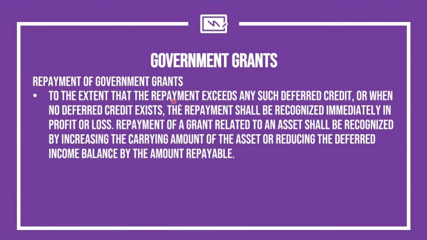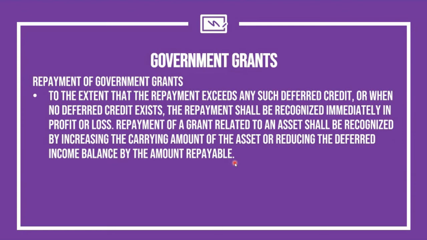To the extent that the repayment exceeds any such deferred credit, or when no deferred credit exists, the repayment shall be recognized immediately in profit or loss. Repayment of a grant related to an asset shall be recognized by increasing the carrying amount of the asset or reducing the deferred income balance by the amount repayable. So this is very straightforward.